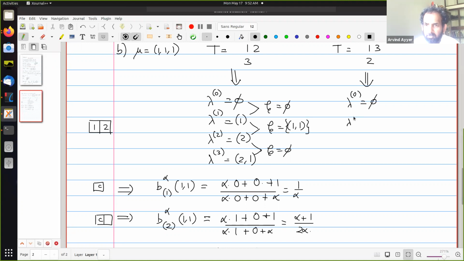Again, lambda naught is 5, lambda 1 is 1, now lambda 2 is 1, 1, and lambda 3 is 2, 1 as usual. So here too, this set C is empty. Here too, the set C is empty. Here it's non-trivial.